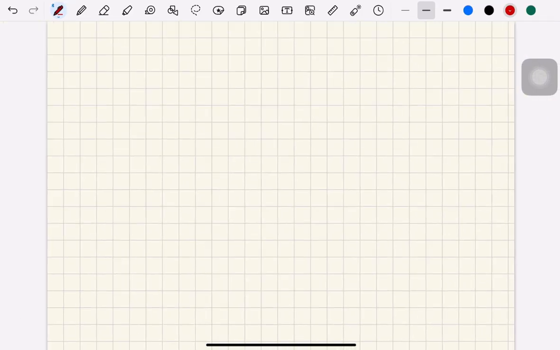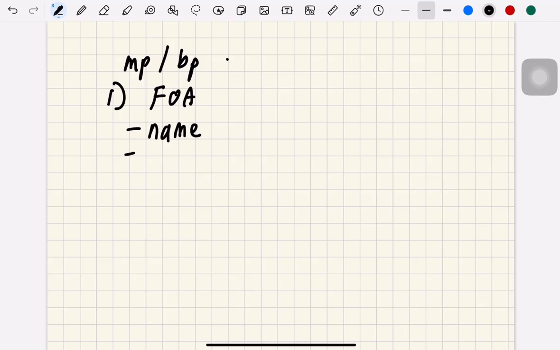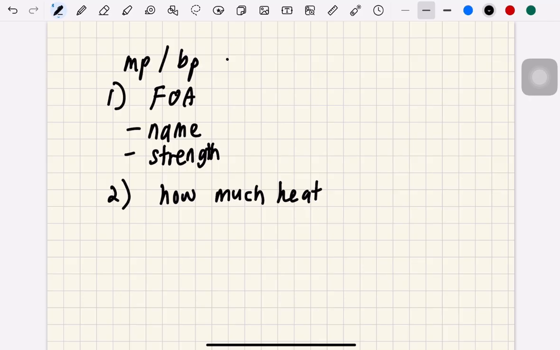As you can see, whenever a question asks about melting or boiling point, we actually have 3 things to write. The first is the name of the force of attraction, then the strength, and then how much heat is required to overcome the force of attraction.